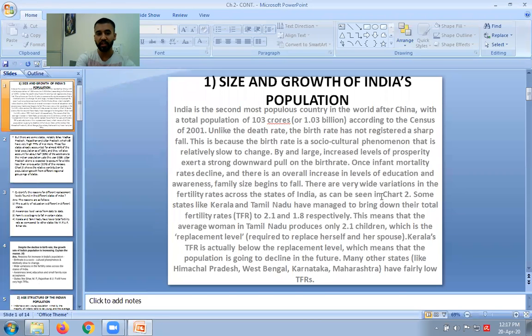There are wide variations in the fertility rate across the states of India. Some states like Kerala and Tamil Nadu have managed to bring down their total fertility rates to 1.8 and 2.1 respectively.